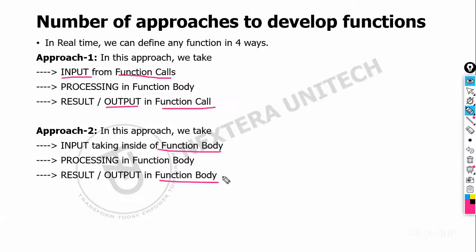Then approach 3: input will be from the function call and output will be from the function body. In approach 4, input will be from the function body and output will be from the function call. For each and every approach, we have also understood examples.